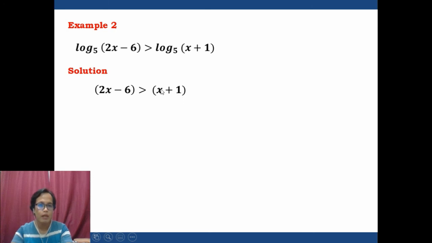By subtraction property, for x, we copy 2x, we subtract x here, of course we will also subtract x at the left side of the inequality. Then we copy 1, since this is negative 6, we will use addition property, so this is plus 6. So 2x minus x is x, then 1 plus 6 is 7.